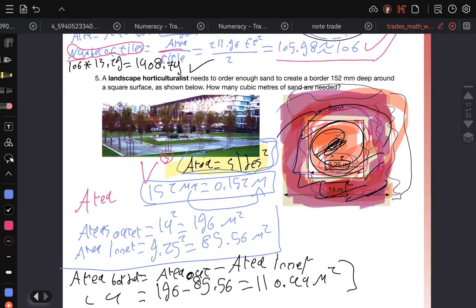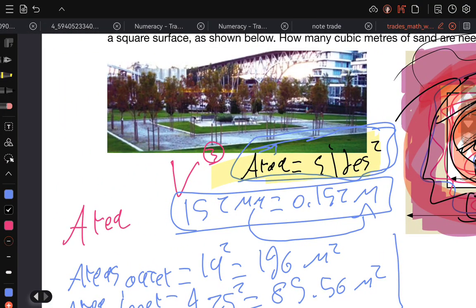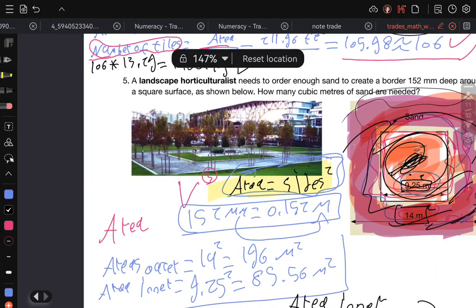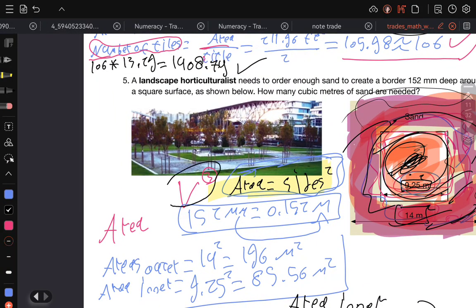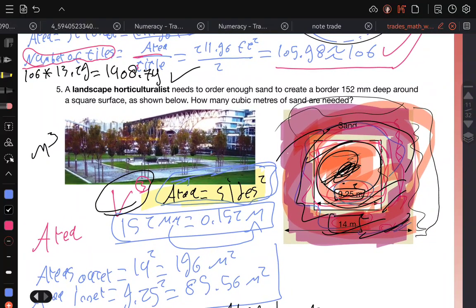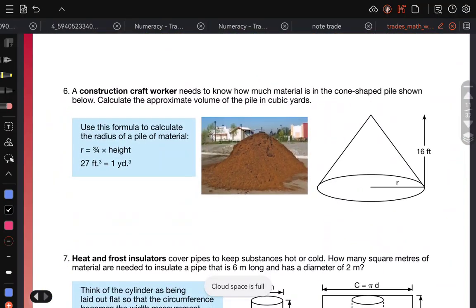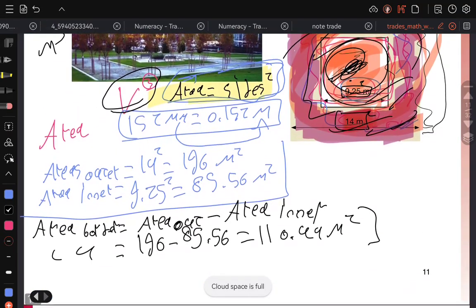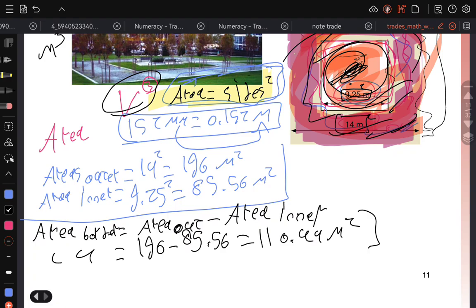Now we need to know, is this the area we want? Nope. If you remember, the first thing that I said, we want to find the volume, and the volume is always cubic meters. Okay, how many cubic meters of the sand are needed? What should we do in this case? We need to use the volume formula: the area multiplied by the depth.